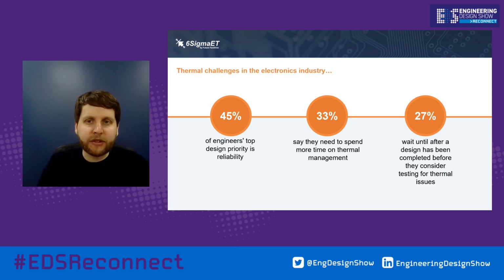And one of the other really important things we found in the survey is that over a quarter of people wait until after a design has been completed before they consider testing for thermal issues. So one of the things I'll be talking about in this presentation is how simulation can be used to do thermal design and validate your thermal design earlier in the design process.